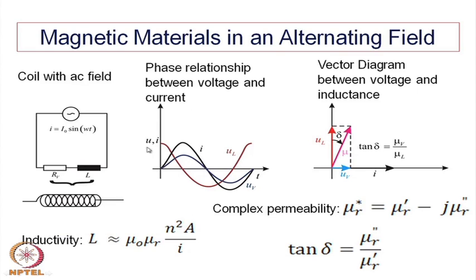Well, with this I would like to introduce magnetic materials in an alternating field. Ultimately, most of these, particularly the soft ferrites, are used as electromagnets or solenoids, and they basically make electromagnets using electrical current.